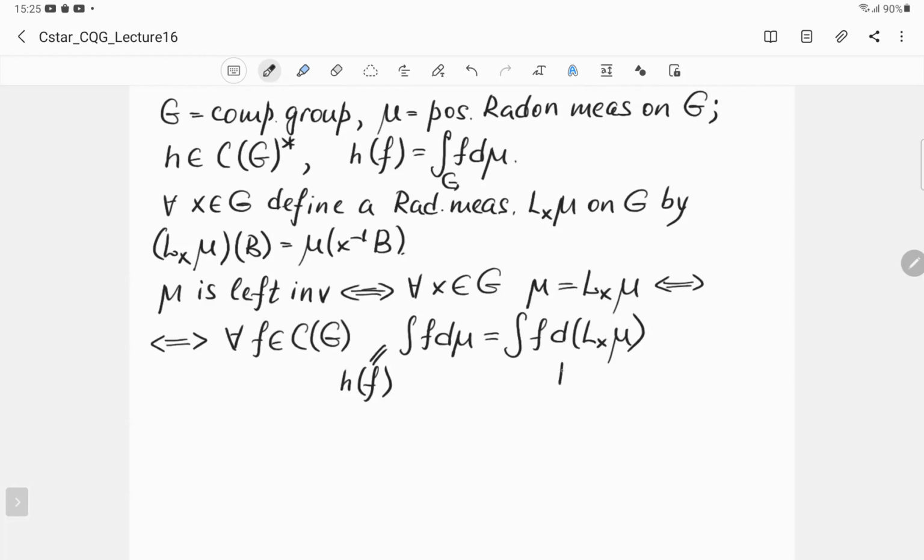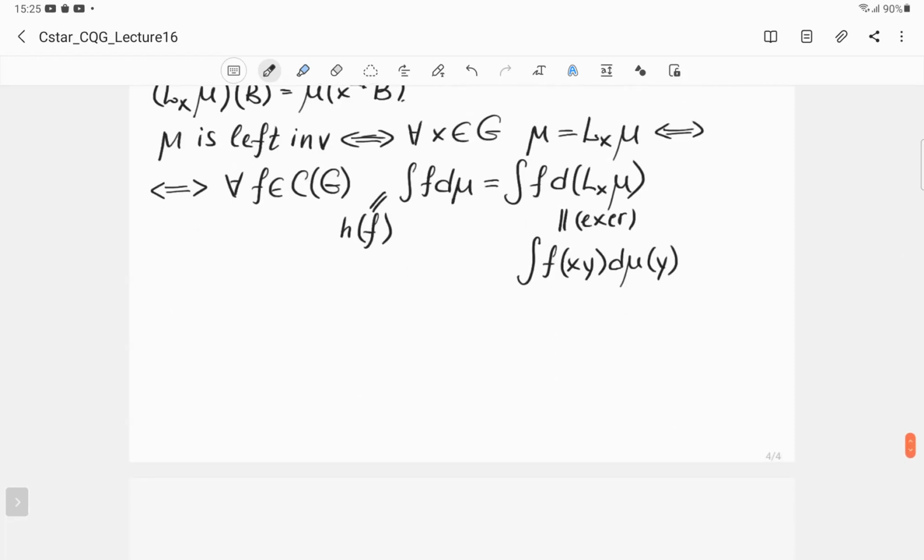It's a simple exercise to show that this is the integral of f of xy d mu of y. And now we recall that C(G) is a C*-algebra. So the comultiplication delta takes f to the function f of xy.